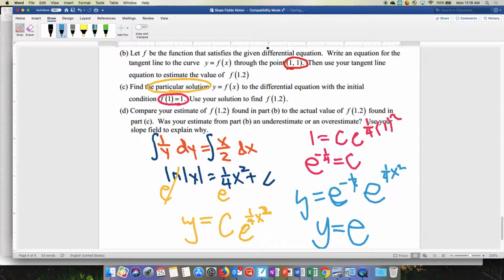If we have the same base, we can add our exponents together, right? This is e to the negative 1/4, and this is e to the 1/4 x squared.